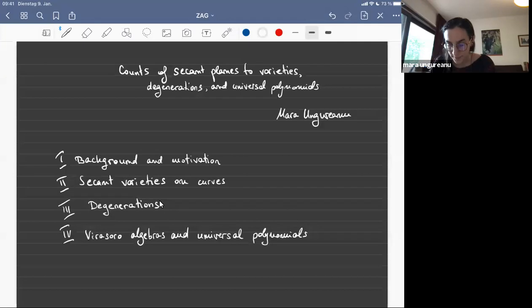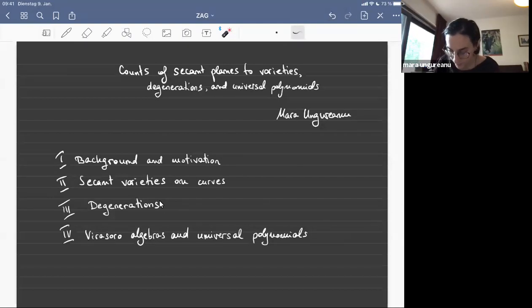And this leads us into two distinct directions, if you want, and these two distinct directions are in parts 3 and 4 here. So on one hand, in order to understand, for example, whether the counts that you're doing using intersection theory are correct or valid, you really need to understand the geometry of, say, the secant variety that parameterizes some secant planes.